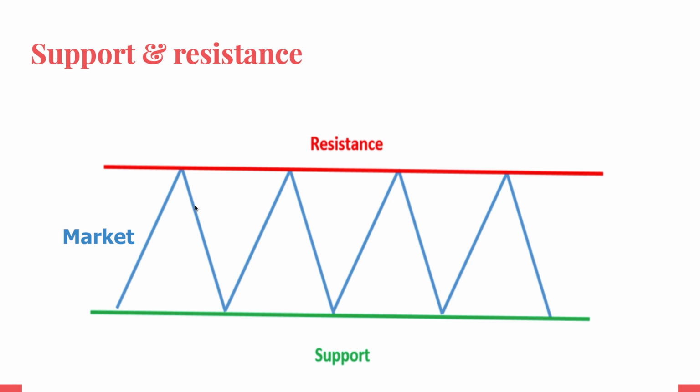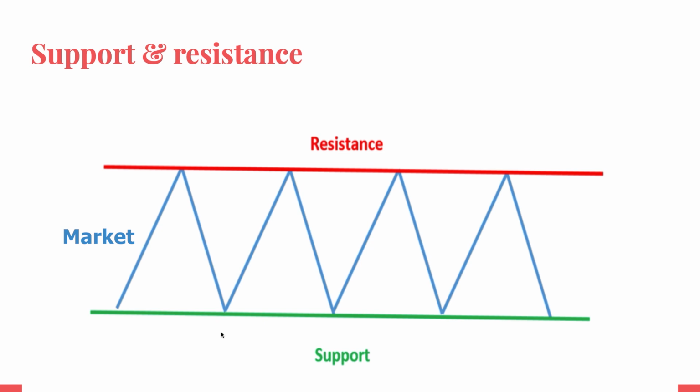Do you guys understand? So for example, with support, as you can see, the market was going to the downside, then it reached a certain level. After reaching that level, the market decided to change direction and go to the upside, and came back to the downside again. On the same level, it rejected again and then changed direction, as you can see.